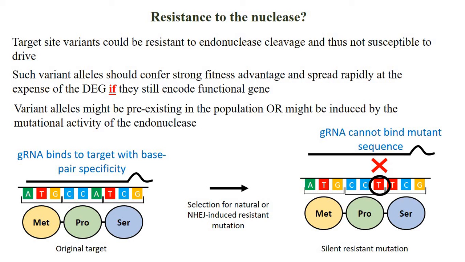So how can individuals adapt, or initiate resistance to these homing endonucleases? One example was studied in the lab through a directed evolution study by scientists at Imperial College, a lab that's been very actively working on developing gene drives for mosquitoes.